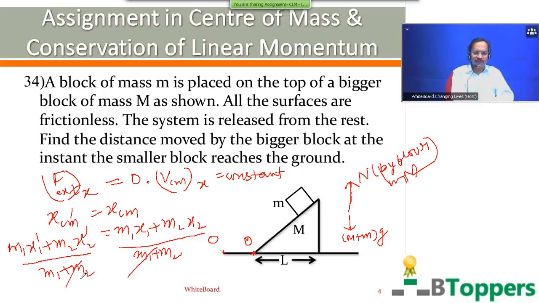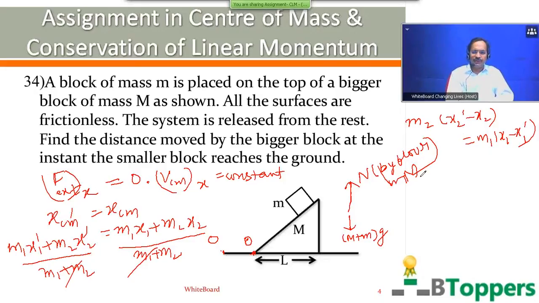So m1 plus m2 can cancel. Here you can write m2 into x2 dash minus x2 is equal to m1 into x1 minus x1 dash.